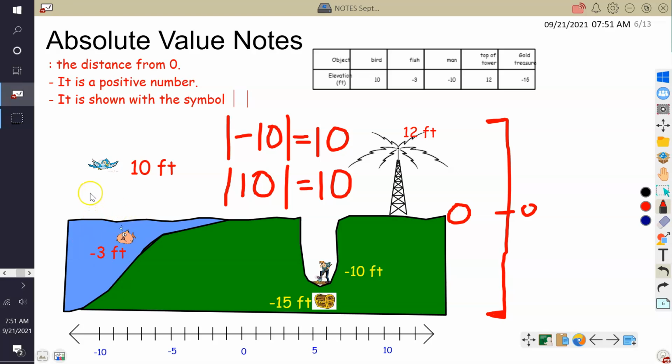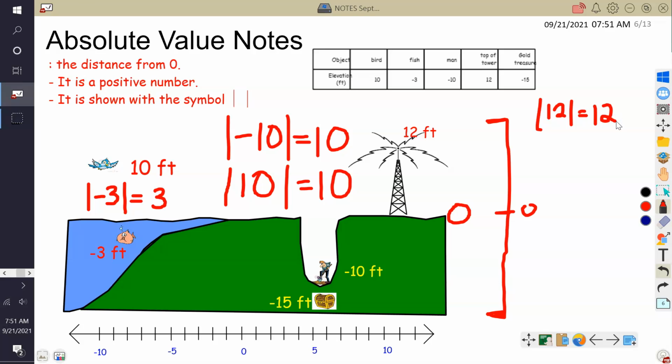Like the fish right here. So the absolute value of -3 is what? Yes, positive 3. The radio tower up here, the absolute value of 12 is, yes, you guessed it, 12. That's right.